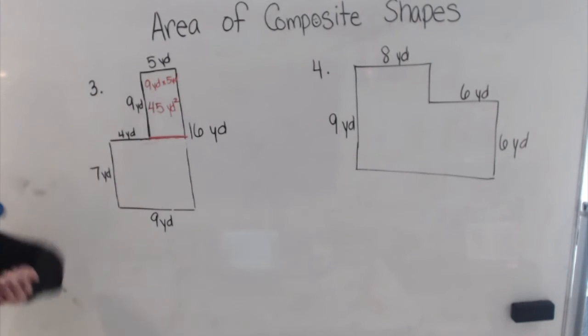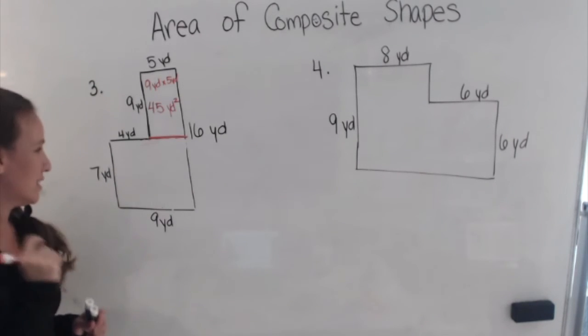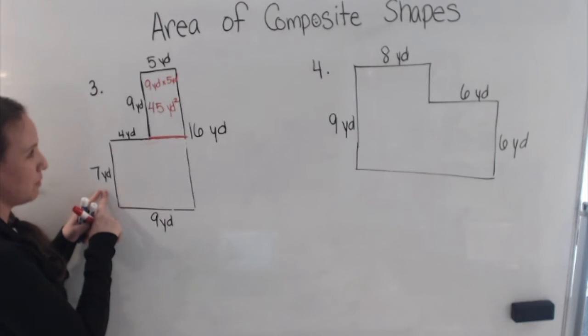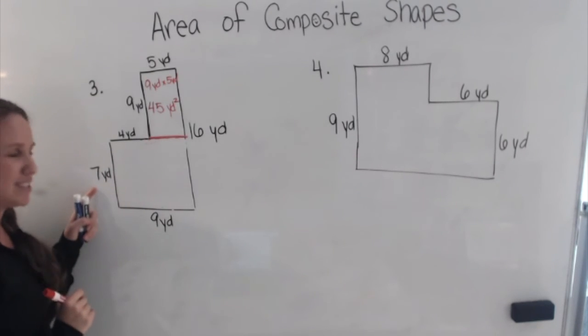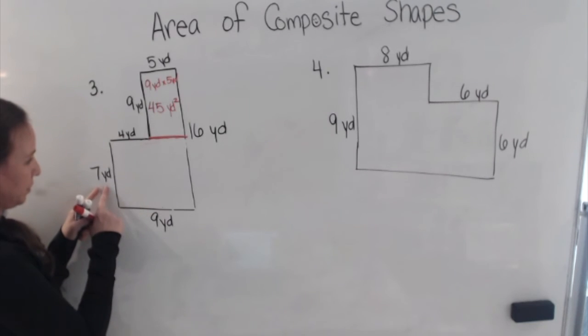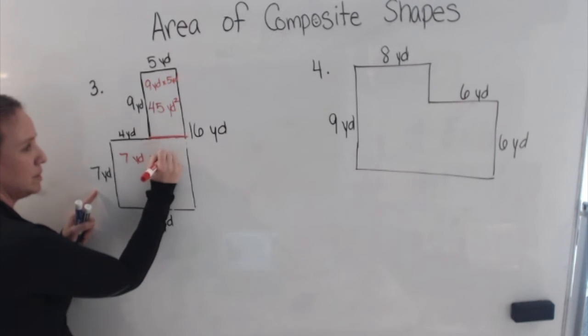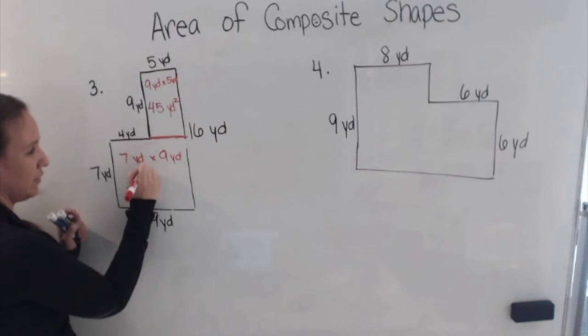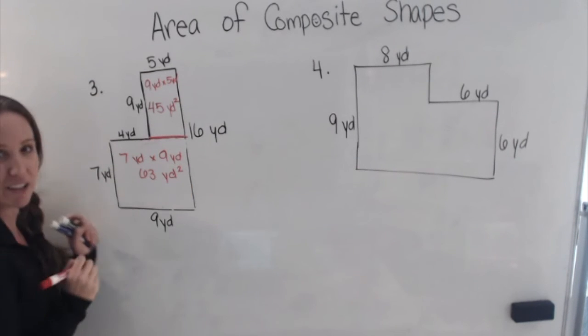Remember, we need that little 2 up top to say we multiplied yards times yards. Now, let's do the bottom one. We have 7 yards here and 9 yards here. So, we have 7 yards times 9 yards, giving us 63 yards squared.